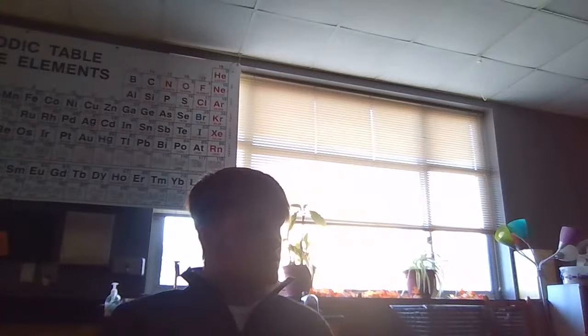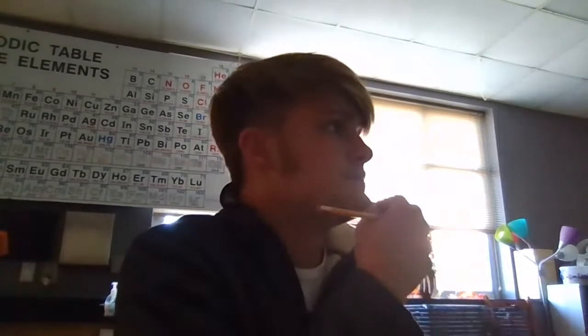Do the math. 64.9 divided by 12 is 5.4. 13.5, and 1.35. Divide by the lowest number, 1.35. That gives 4, 10, 1.